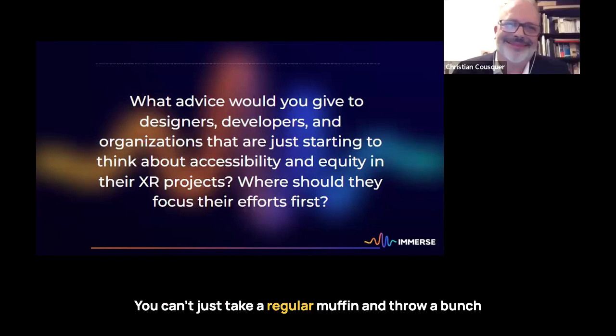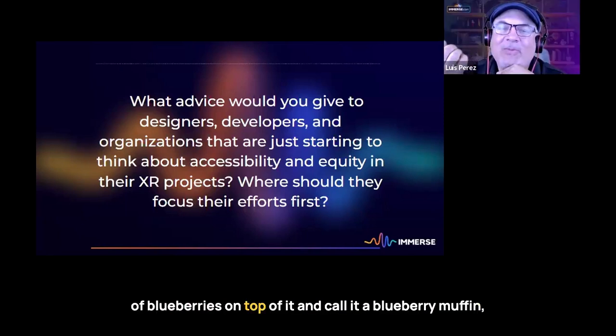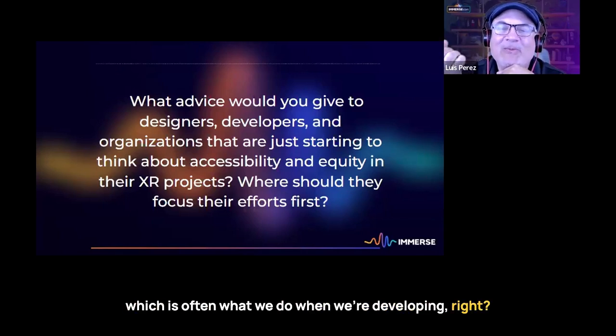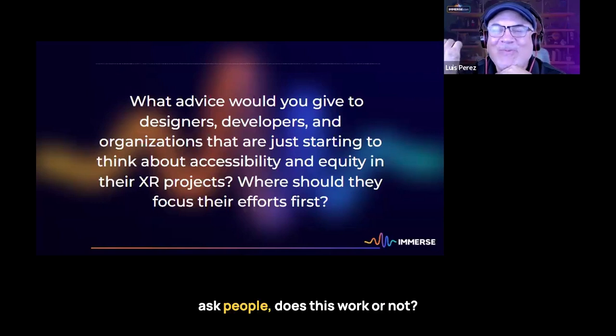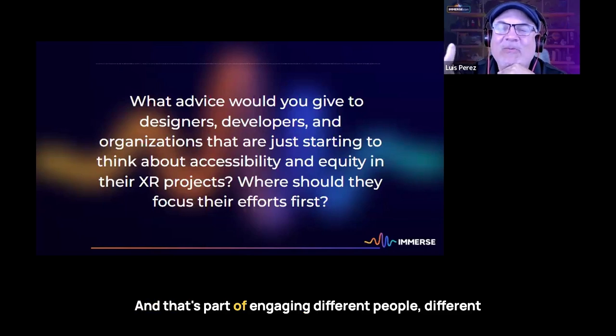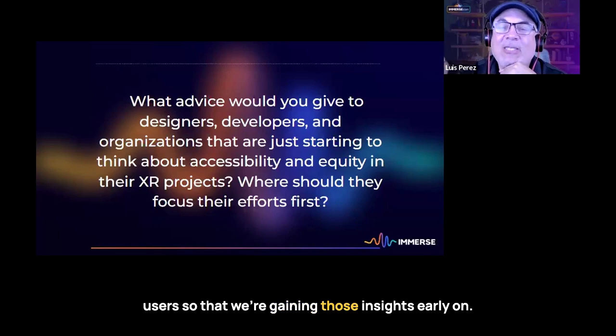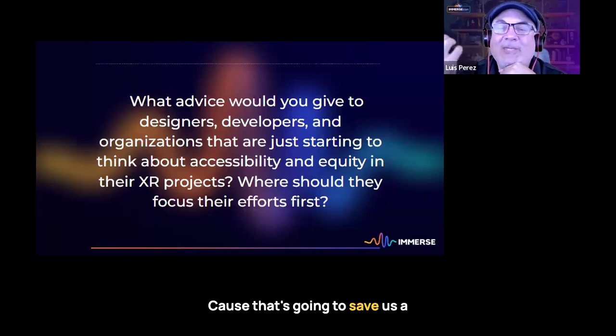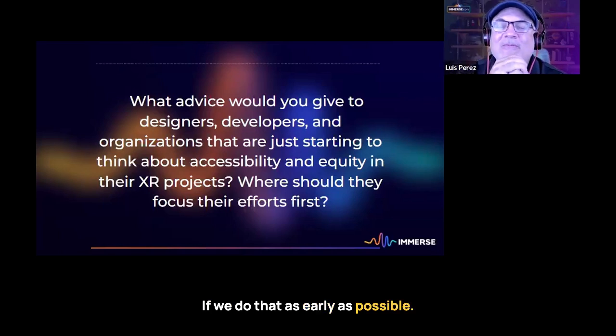You can't just take a regular muffin and throw a bunch of blueberries on top of it and call it a blueberry muffin, which is often what we do when we're developing, right? We wait until the end and then we ask people, does this work or not? What we want to do is bake in those blueberries from the beginning. And that's part of engaging different users, so that we're gaining those insights early on, because that's going to save us a lot of time and a lot of learning if we do that as early as possible.